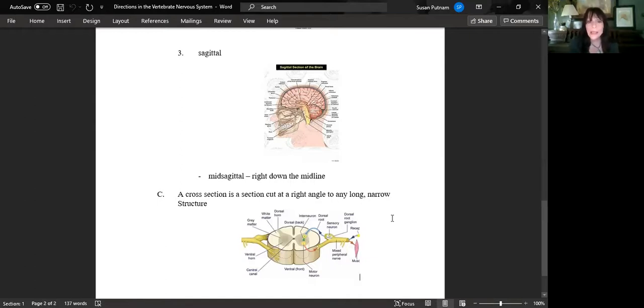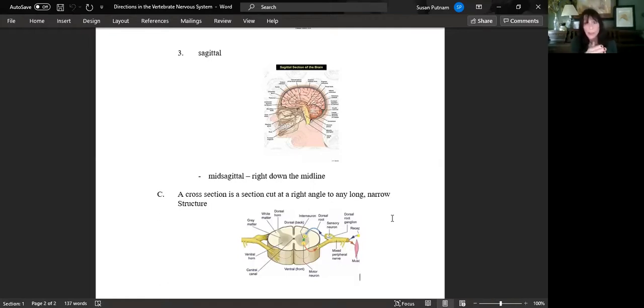And this might seem simple, but when we're talking about a cross section, which we will at certain points, it's important to remember that that is a cross section. When we say that, it's a section that is cut at a right angle to any long, narrow structure.